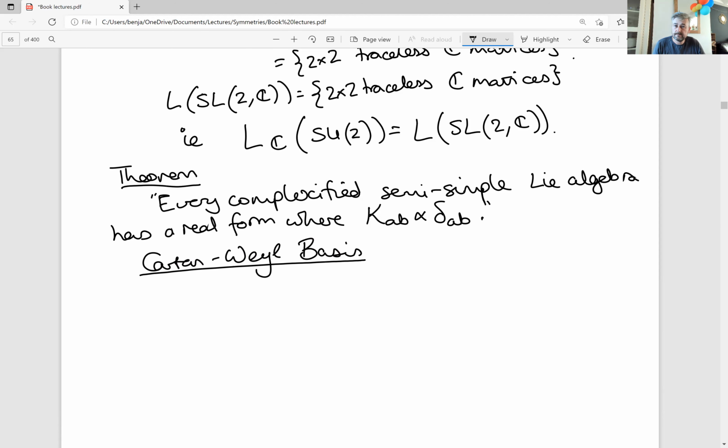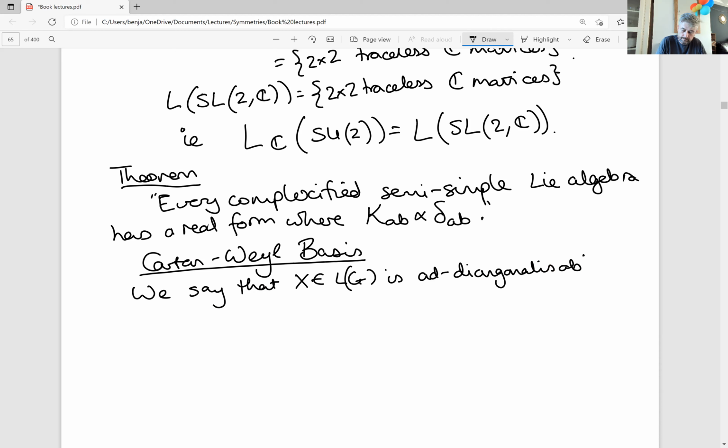Okay, so I need to make some more definitions. So we say that an element X of the Lie algebra is ad-diagonalizable if the adjoint representation corresponding to X is diagonalizable.